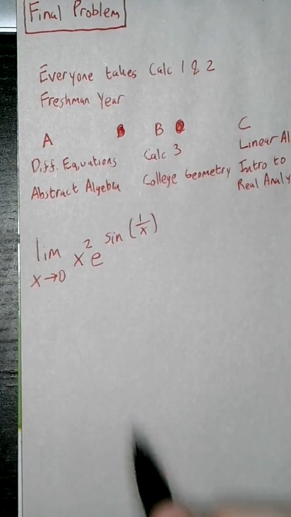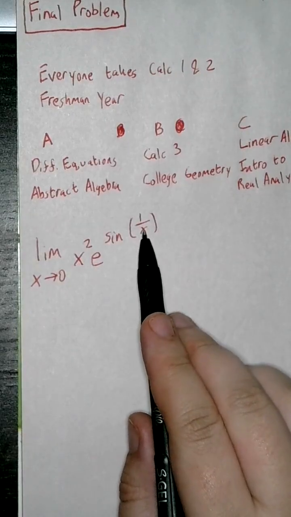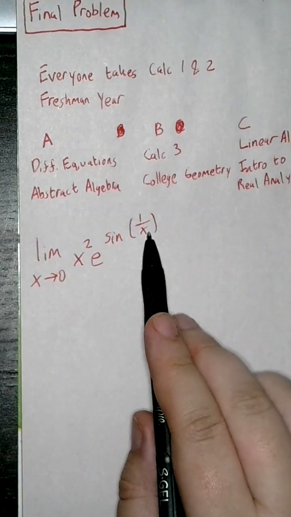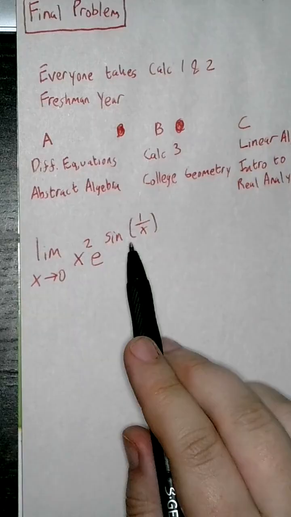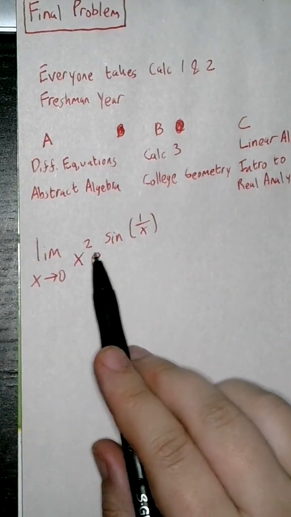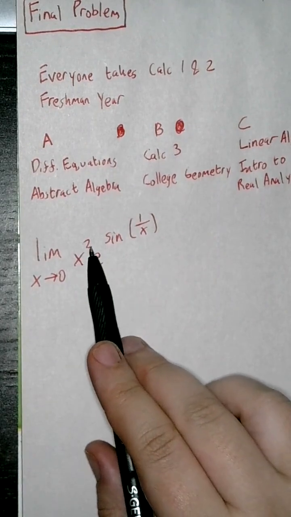Yeah, it is undefined. Why? Because I'm going to have division by 0, even in the exponent, and I can't have division by 0. So, I'm going to go ahead and try the squeeze theorem and see if it works. So, x squared is unbounded.